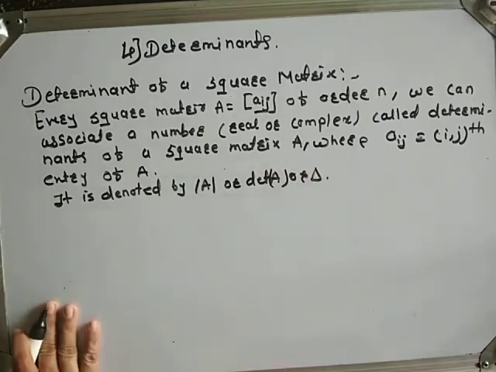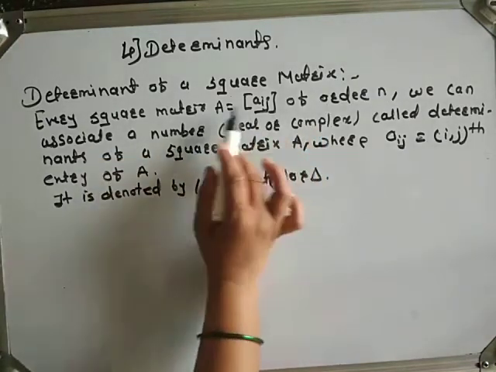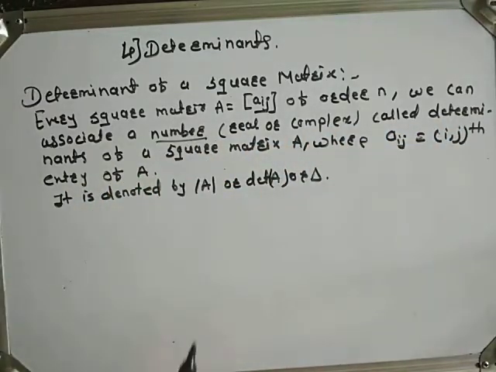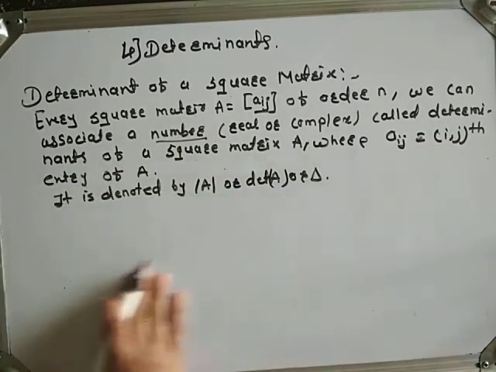These are notations for the determinant of A. Every square matrix A equals Aij of order n, we can associate a number, real or complex, called the determinant of a square matrix.